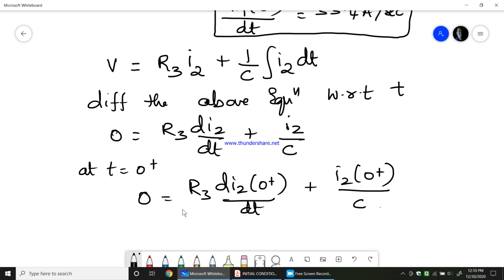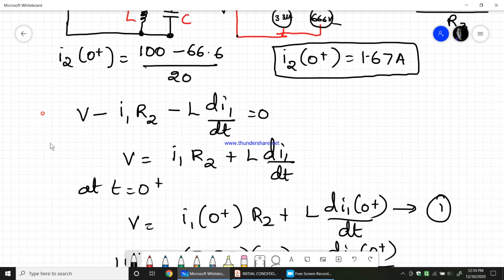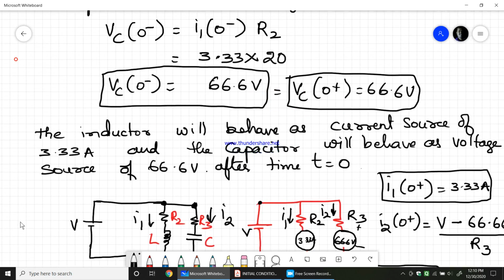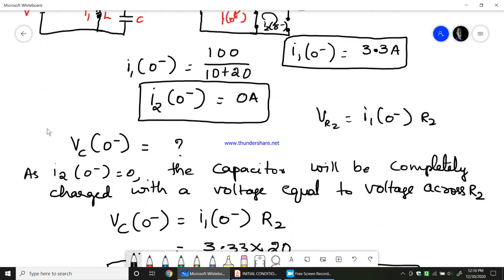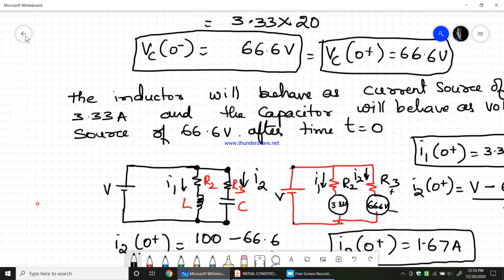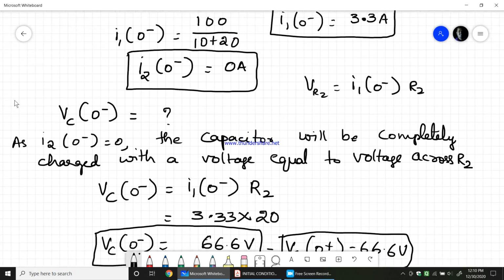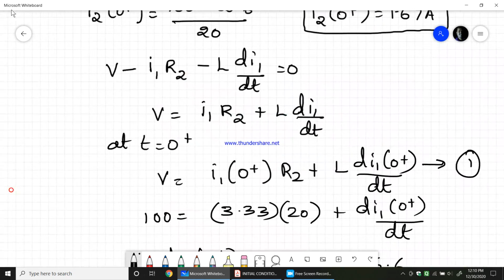So we see what I2 of 0 plus is, which we have found already. I2 of 0 plus is 1.67. What is the value of C given in the question? Let me see. C is given as 1 microfarad. And what is R3? R3 is again 20 ohms. Okay, so let us substitute those values.